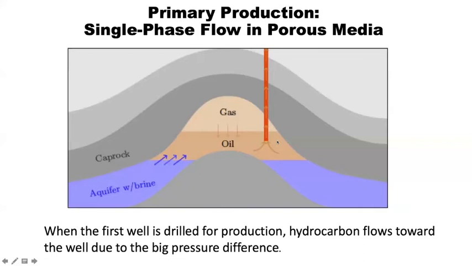It is not a real one, but a schematic one. Usually we have a water reservoir or aquifer, water or brine, in the bottom of the reservoir. Then we have a thickness of oil only, and then gas at the top. Then we have cap rock and the crust and so on.